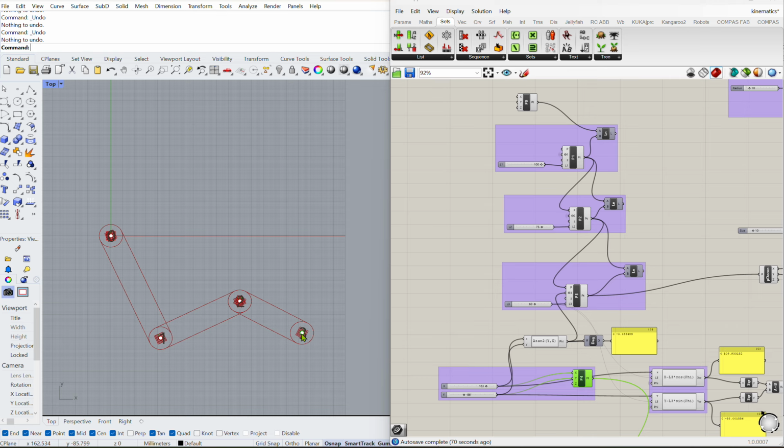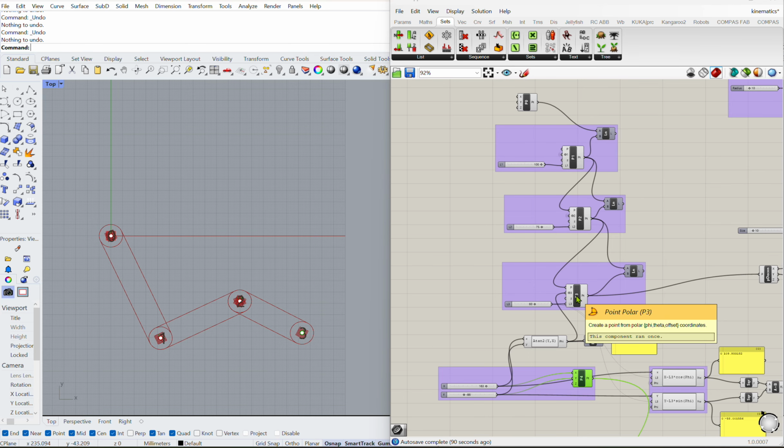And finally, X3 is collinear with segment 3 with Y3 perpendicular. To find the different angles, we go in reverse, like I said.